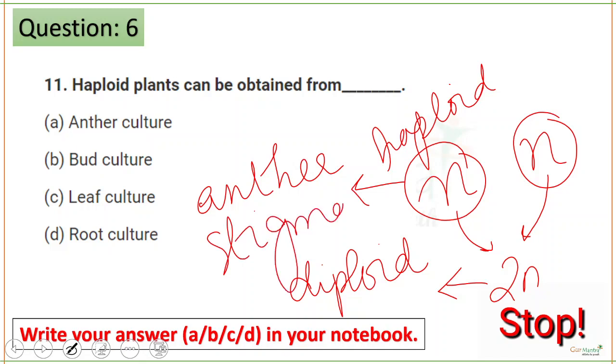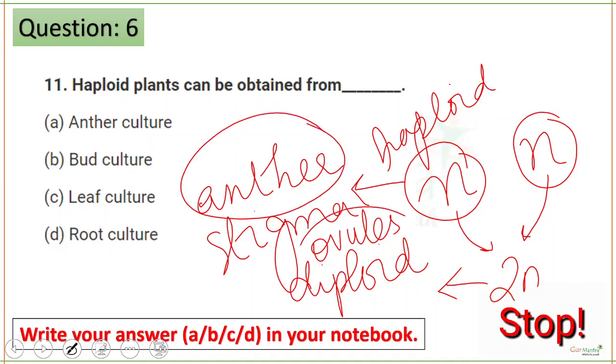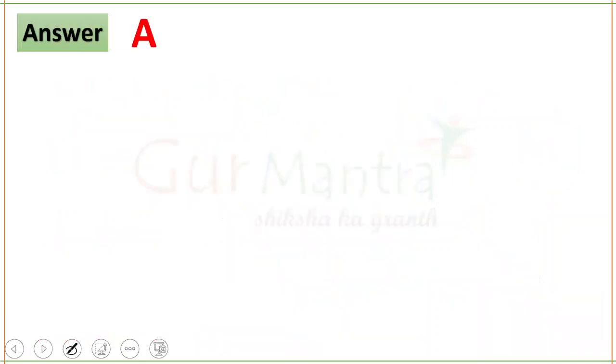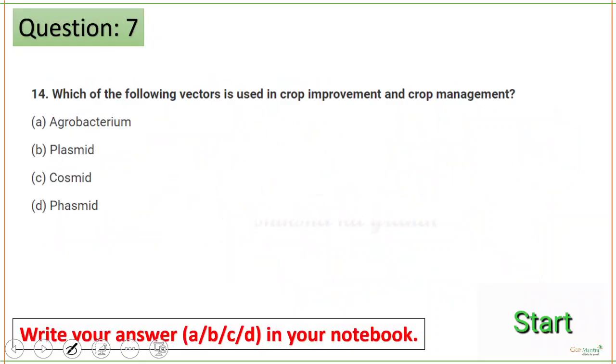Okay, in the stigma you know the style and the ovules. So the ovules are the part which are involved in the fertilization process. So the anther and the ovules, these two are important in the haploid plant culture. So answer for this question is anther culture. Next question.